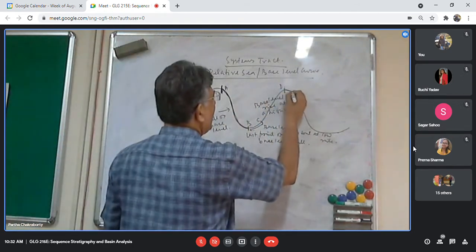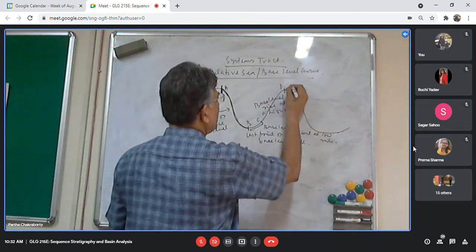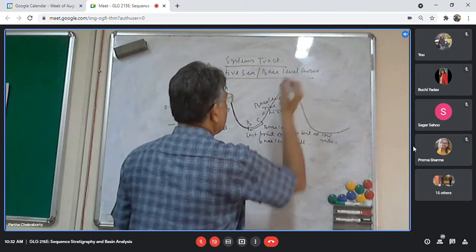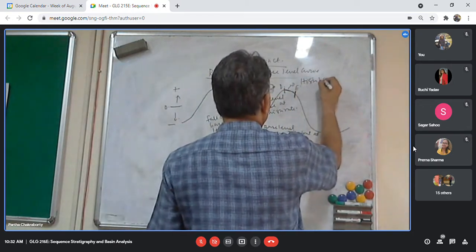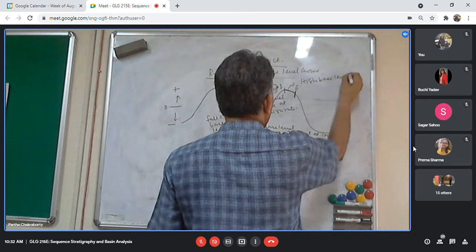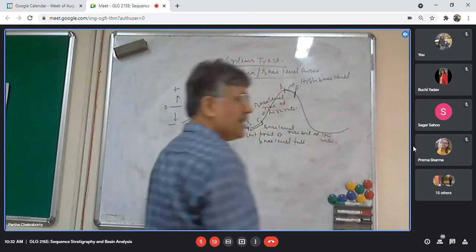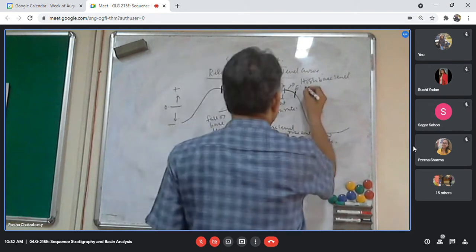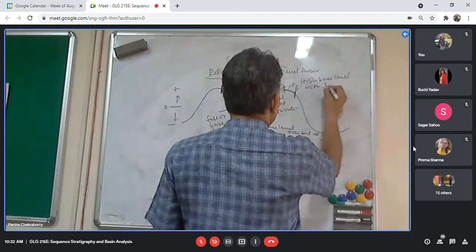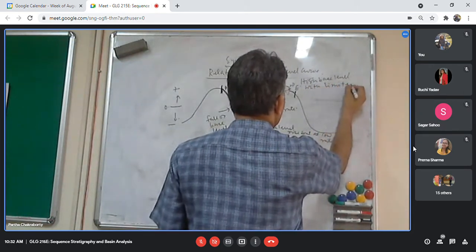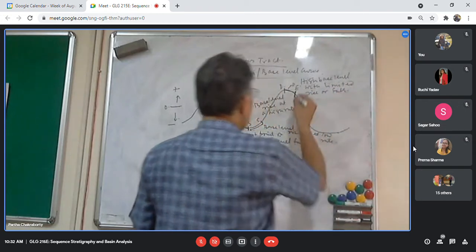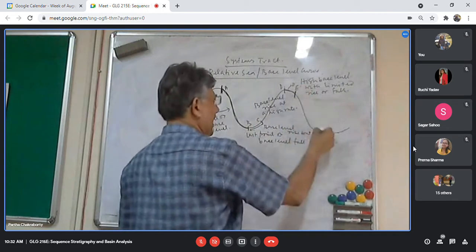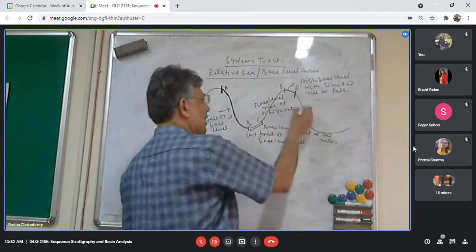And then from here to here, this is E, the high base level with limited rise or fall. Then again you get the fall of base level, so this stage comes again.